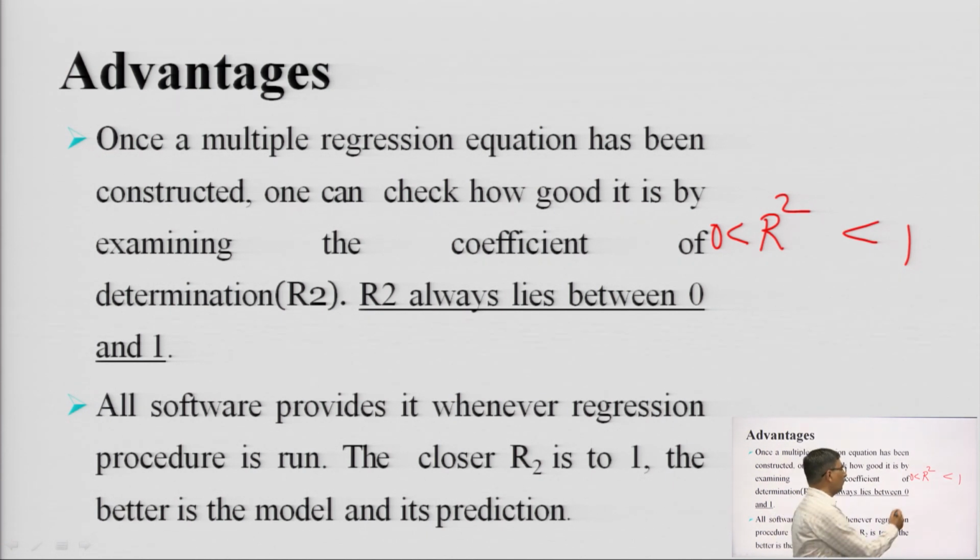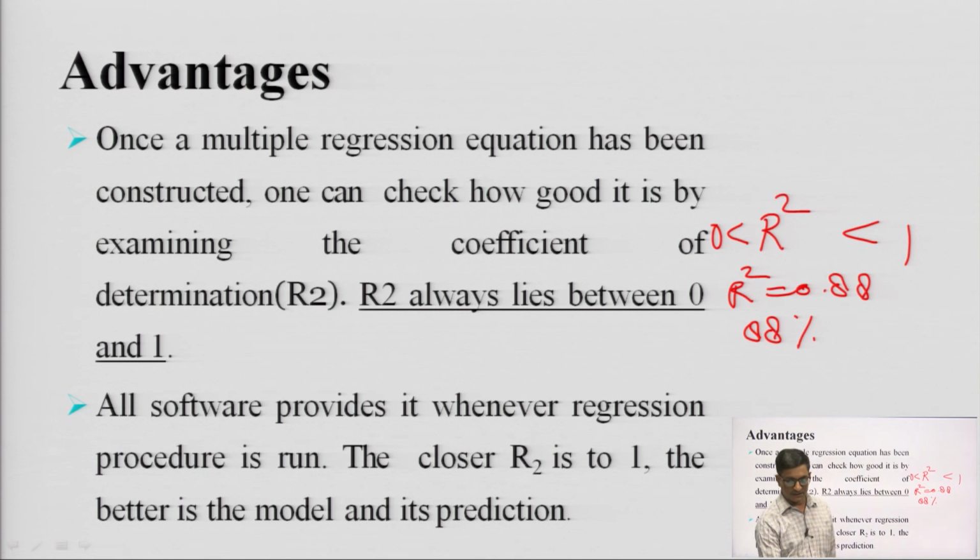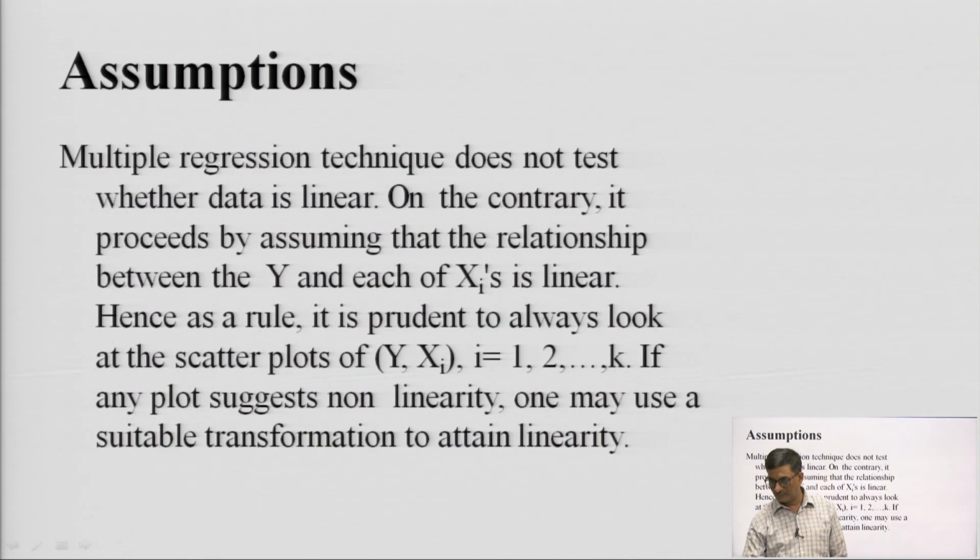So, if the value of R square is 0.88, then we say the prediction is 88%. That means, we can say the independent variables determine the dependent variable 88%.